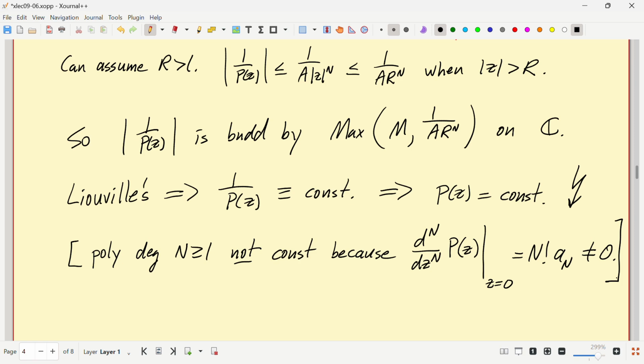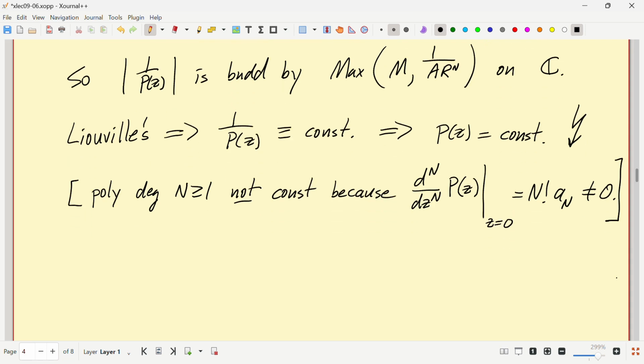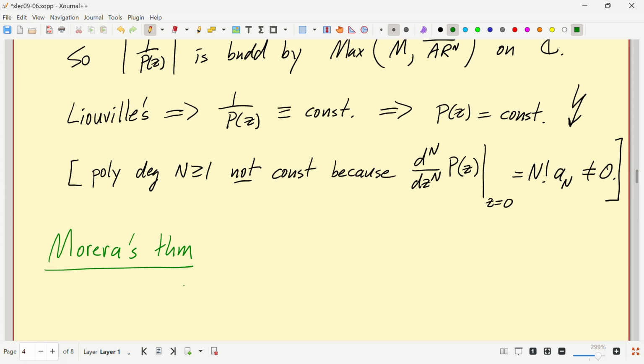As long as I'm doing beautiful things today, another beautiful thing is Morera's theorem. We've done all the work we need to do to prove Morera's theorem. And Morera's theorem shows us the necessity of thinking about integrals around closed contours when we're thinking about analytic functions. So let's suppose f is continuous on an open set omega.